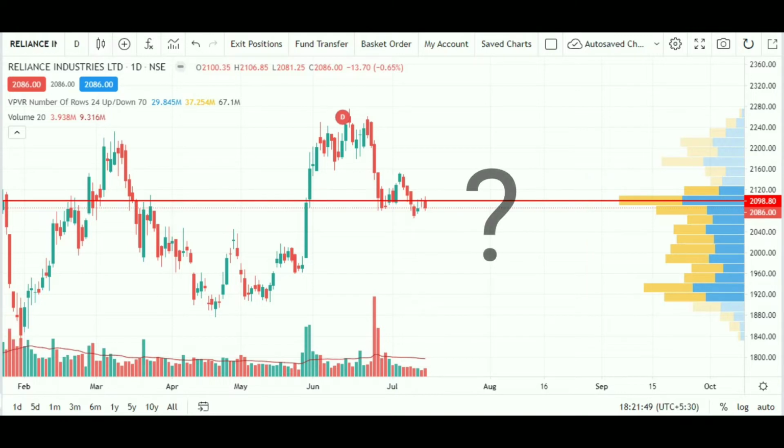What does it mean when the value area is set to 70? Well, it means the chart will highlight that region where 70% of the total volume was registered over the area under display.